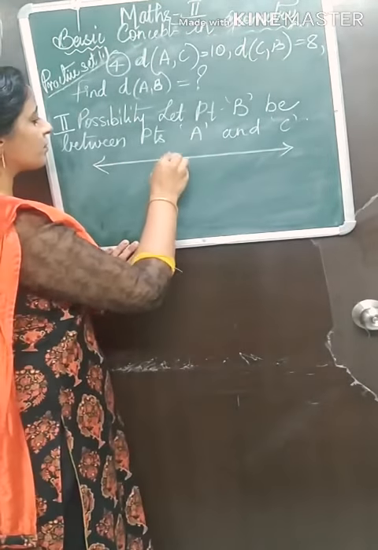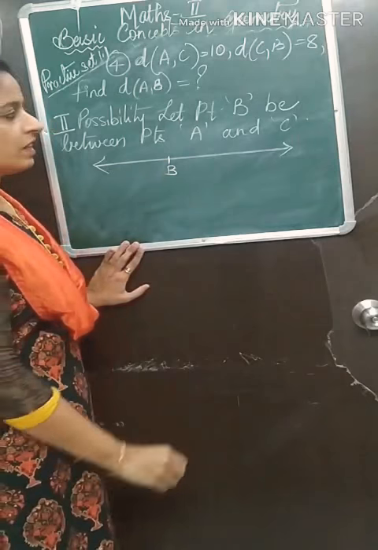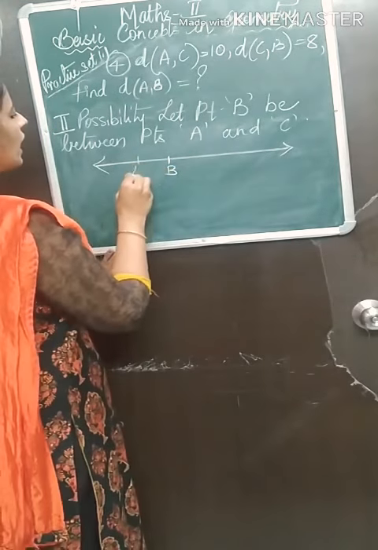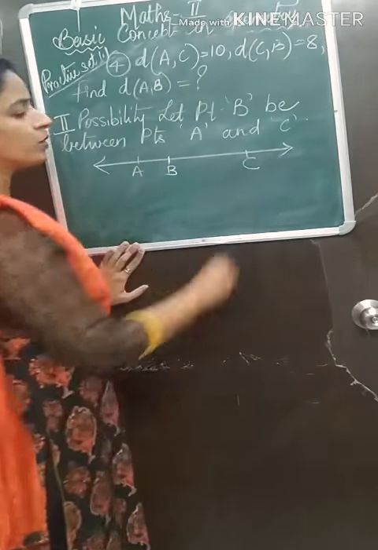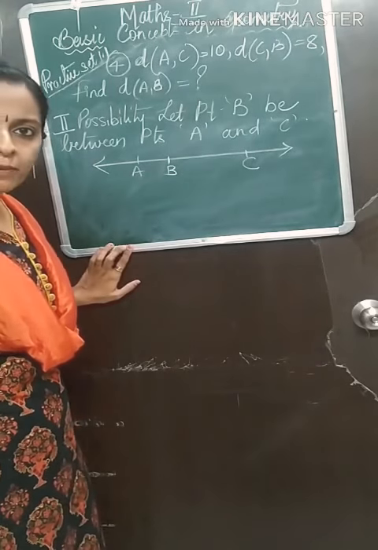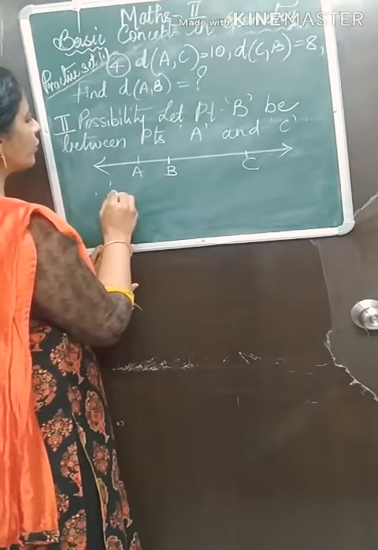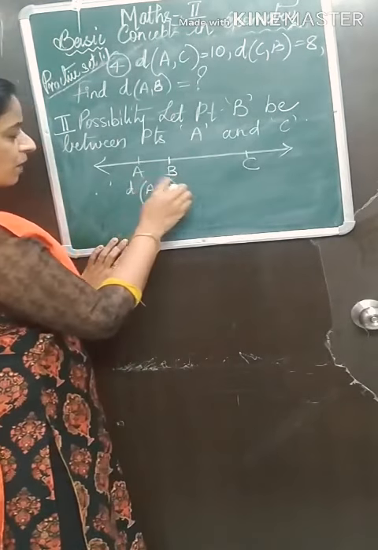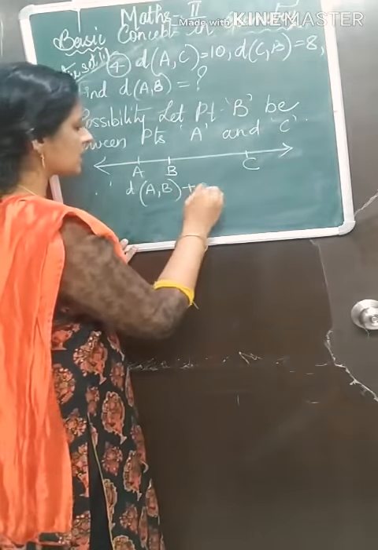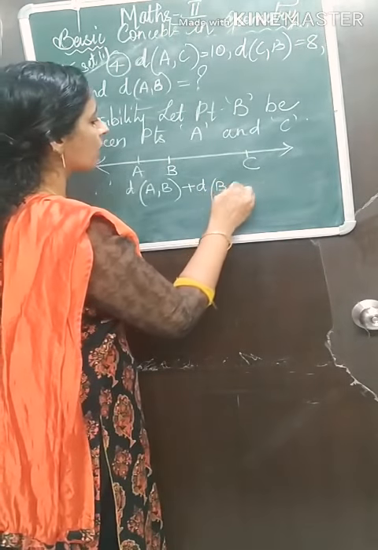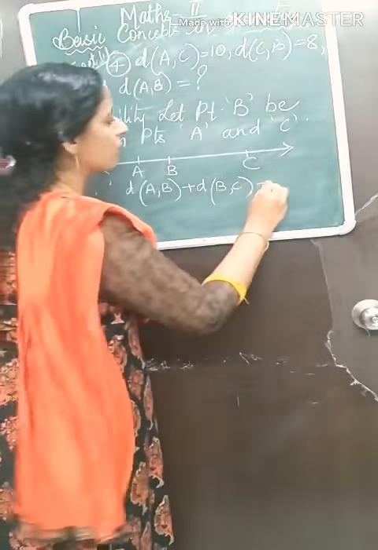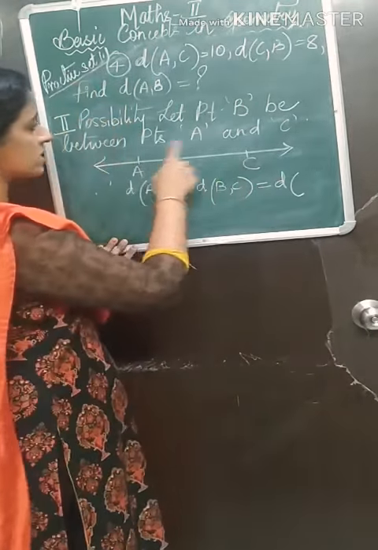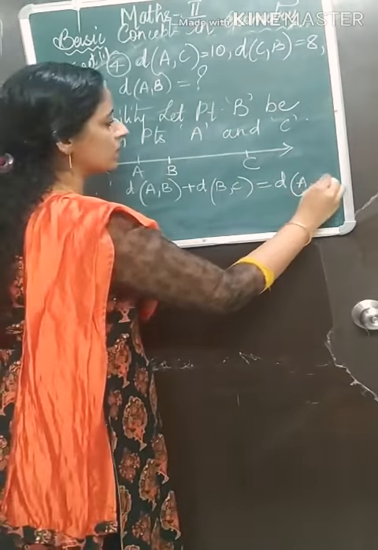If B is in between, we'll put B in the middle, and on the other sides put A, and on one side put C. Now how will you write the distance? The distance between the first and second point, A, comma B plus the distance between B, comma C is equal to the distance between the first and the third point, A, comma C.